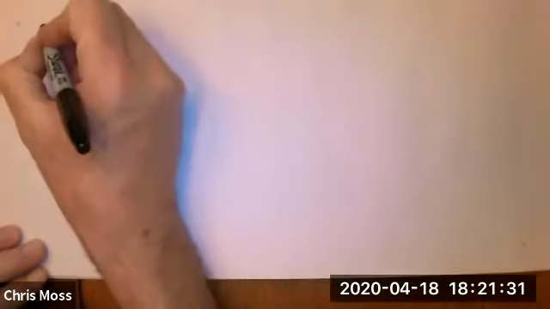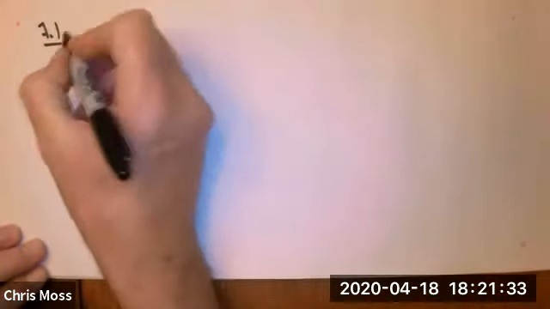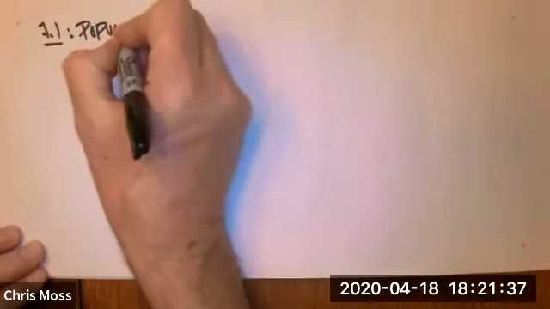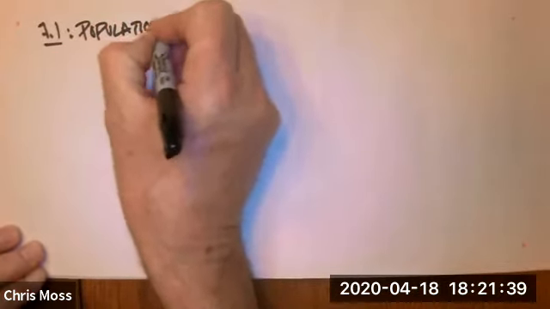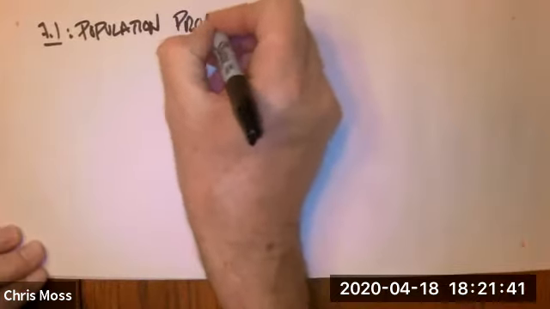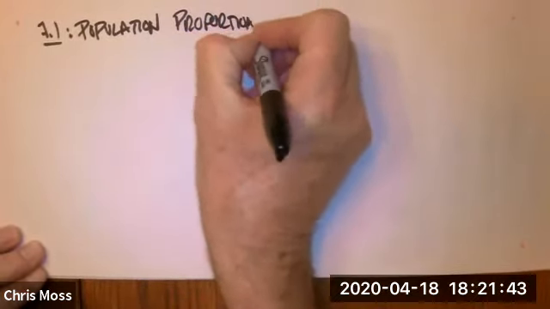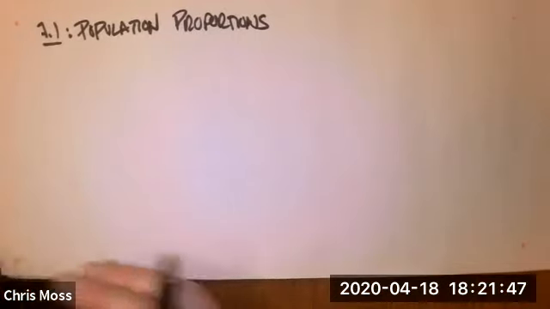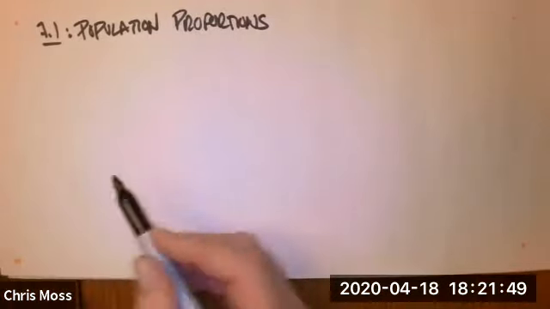All right, 7.1, we're going to estimate population proportions. You have several examples already in your notes, so I'll run through this rather quickly.